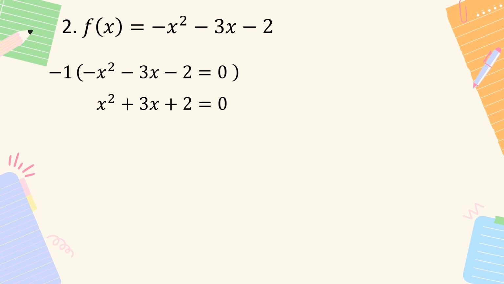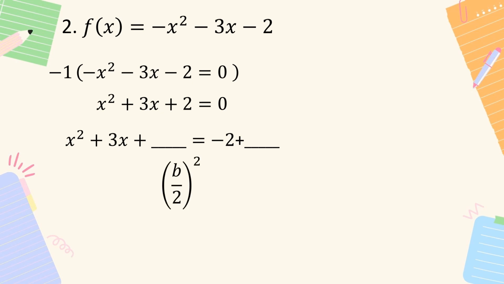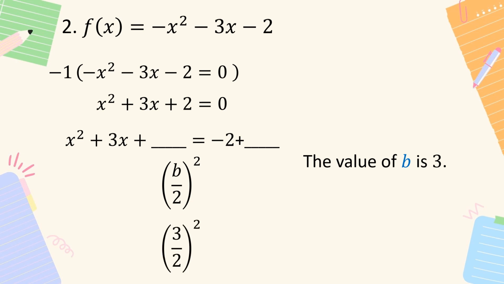So we now write our equation as x squared plus 3x plus blank equals negative 2 plus blank. To find the missing term, we simply use the square of the quotient of b and 2. The value of b is equal to positive 3. We now write it as the square of the quotient of 3 and 2. 3 is not divisible by 2.